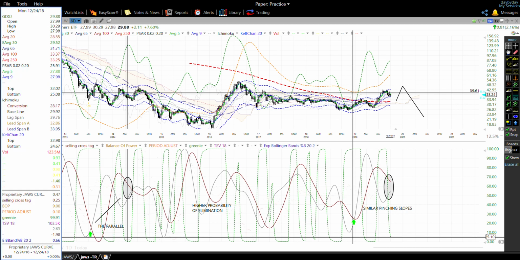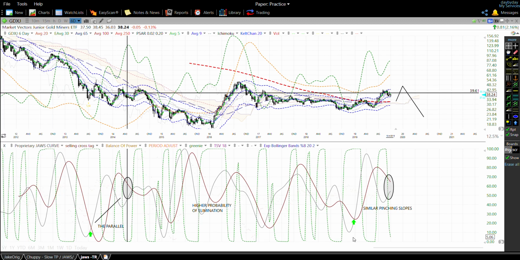In this area, we are looking at December 2018 and now to today's date in October. And this looks similar enough for me to have a higher probability of confidence.